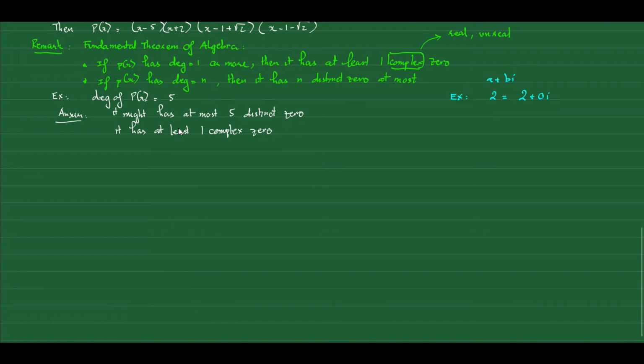And if we say i is the zero, then negative i is also a zero in that example. The reason we can say that is because it comes from the theorem called the conjugate zero theorem. Okay, conjugate zero theorem.